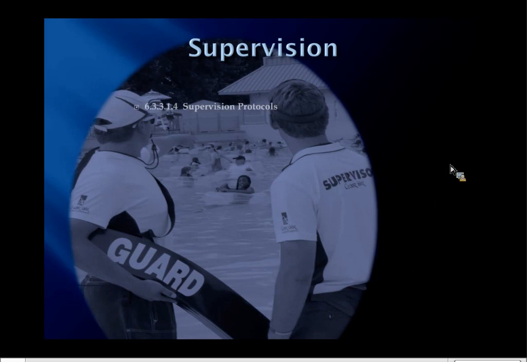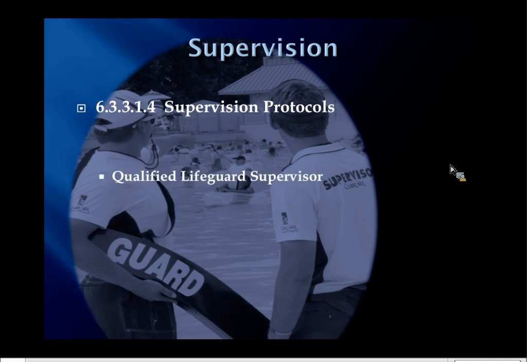The final piece of the staff plan is subsection 63314, Supervision Protocols. When qualified lifeguards are used, the staffing plan shall include lifeguard supervision protocols to achieve the requirements of MAHC 633, meaning there must be a designated individual or qualified lifeguard supervisor who is responsible for the oversight of lifeguard performance and emergency response at an aquatic facility.